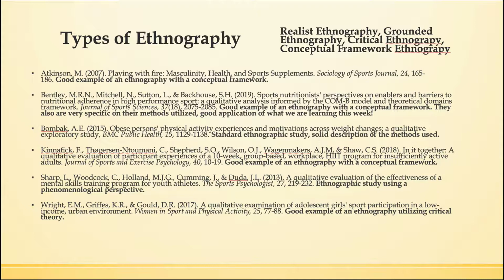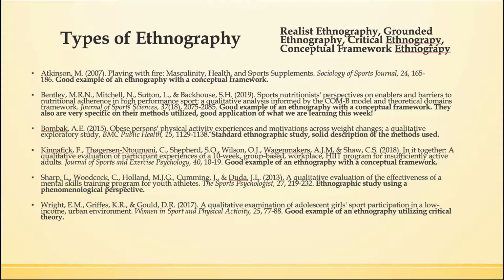And then finally, the last study I have listed there is a qualitative examination of adolescent girls' sports participation in a low-income urban environment. So what this study does, it's an ethnography specifically using the critical theory because we're looking at how the fact that these individuals are low income and in an urban environment, how that impacts their participation in sports.